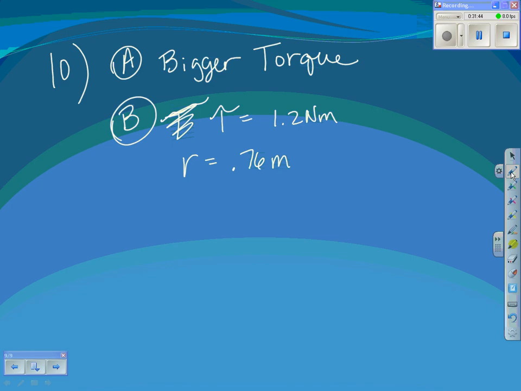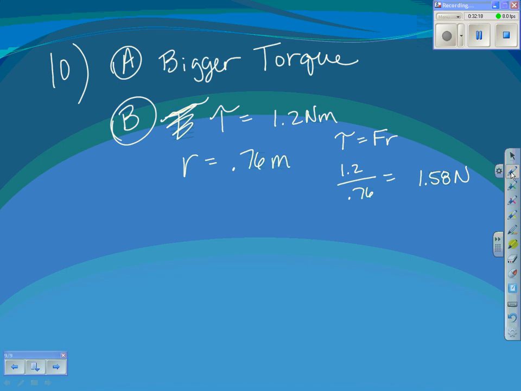Well, it says how much force must be exerted from the hinges compared to the doorknob in the middle of the door. Okay, well, let's find this one first. Torque equals force times radius. So we're going to have 1.2 divided by 0.76 equals. All right, when we do that, we should get a calculation of 1.58 newtons.